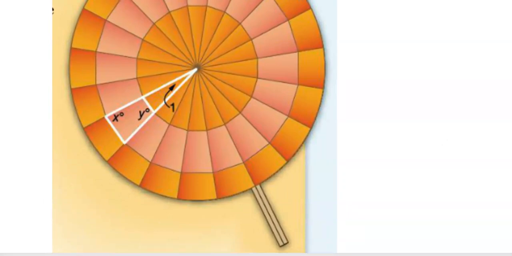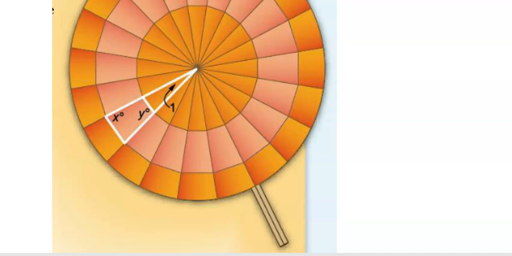So let's first of all look at where they have angle 1. How do we use that to get something? Because they really didn't give us any angles to go with. So what I'm looking at is these are all the same, right? Going around. What do they form? A circle. We know that circles are 360.